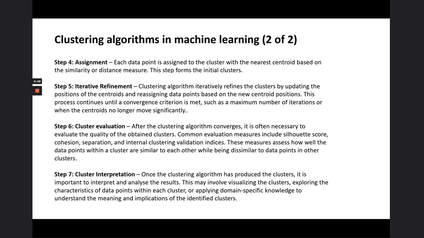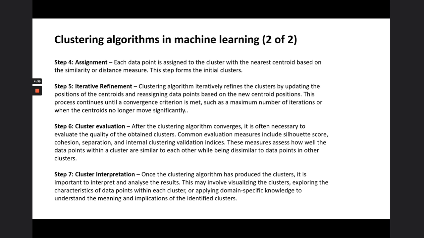The last step is the cluster interpretation. Once the clustering algorithm has produced the clusters and you have done the evaluation, it is important to interpret and analyze the result. Of course, with any machine learning algorithm that you follow, you always look out for some sort of insights in the end. So this is the stage where you do the interpretation of the data.